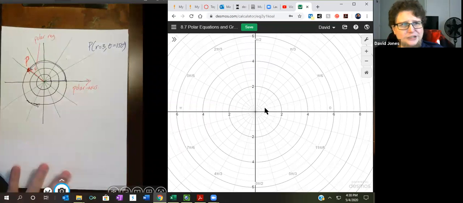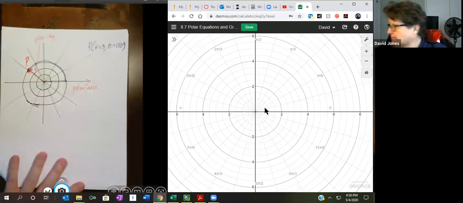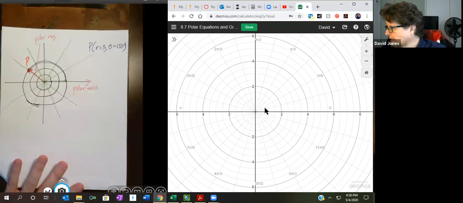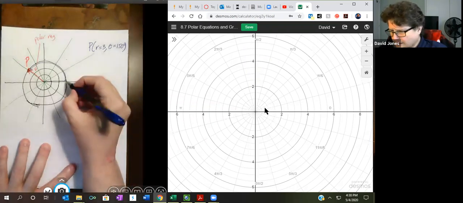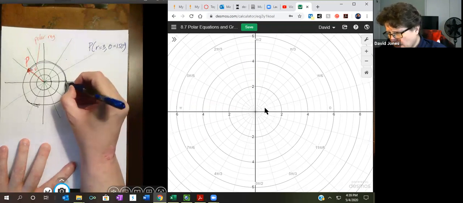I didn't have to do that though. Okay. I have other options. I could have rotated, gone out 3, and rotated a negative angle.